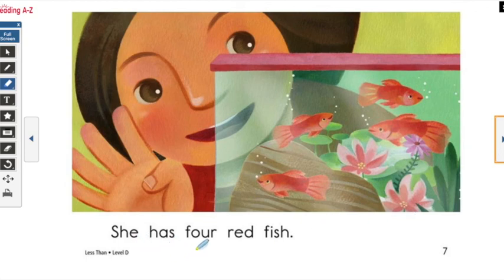She has 4 red fish. 1, 2, 3, 4. 4 red fish.